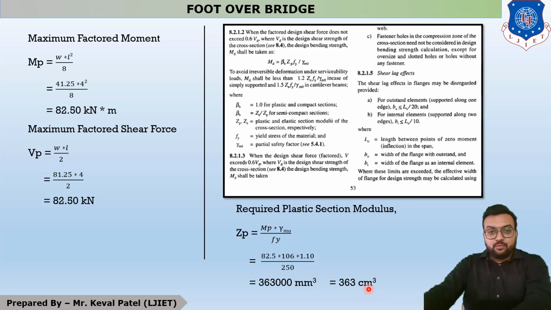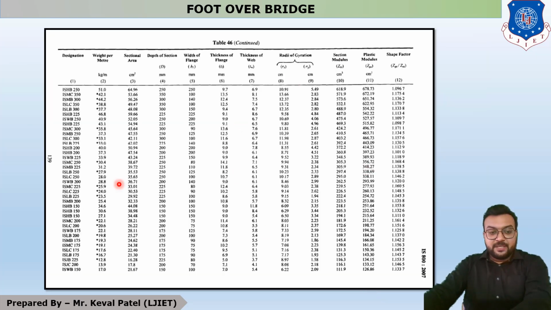Now first of all, all the students move to page number 139, in which we have to check our value of ZP greater than 363. You can see that the last second column is our value of ZP, in which we have to take a section such that our value of ZP is greater than 363.